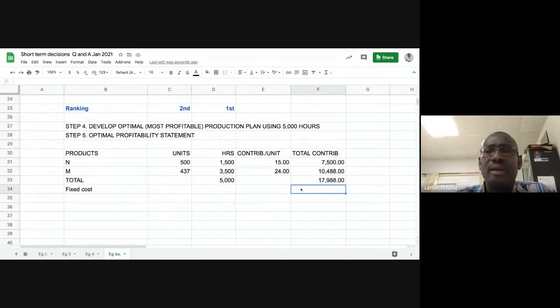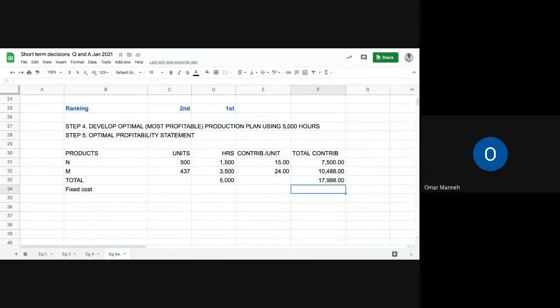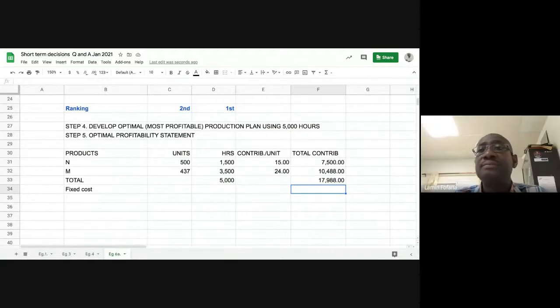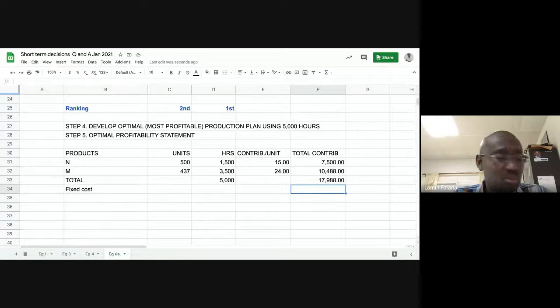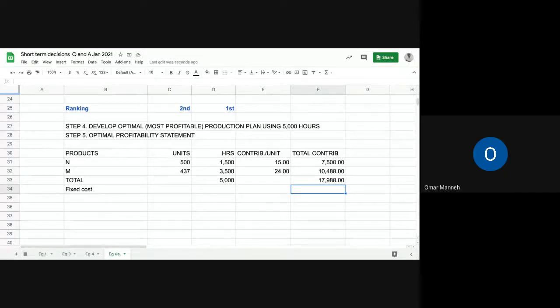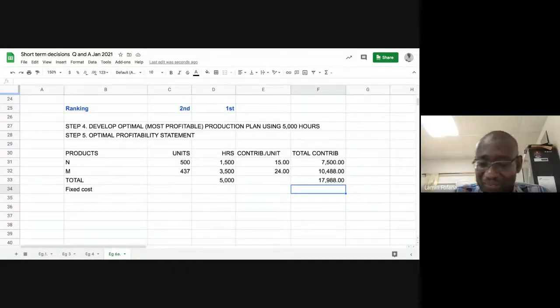So can someone tell us how we're going to calculate our fixed cost? Let me try. I think it is going to be like the fixed cost per unit times this 500 and 437.